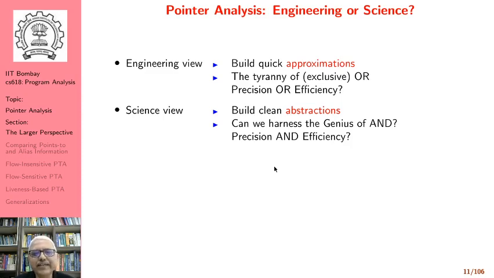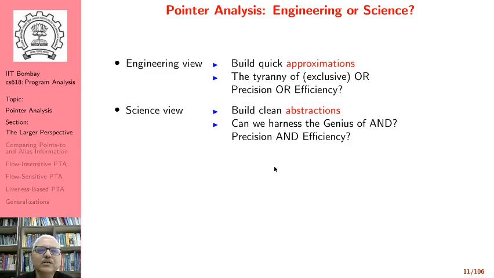We cannot get everything, so should we go for this or should we go for this? In case of points-to analysis, the choice people believe is between precision or efficiency. Can I get a precise pointer analysis or can I get an efficient and scalable pointer analysis?